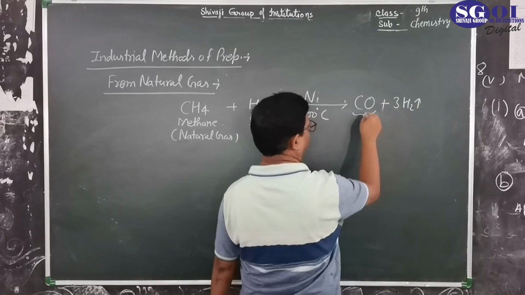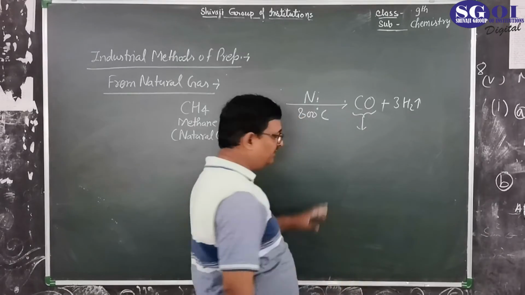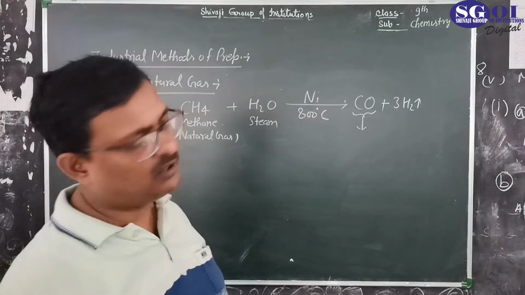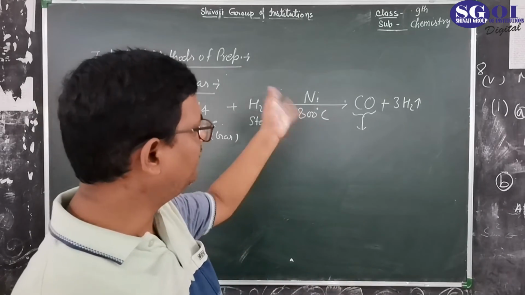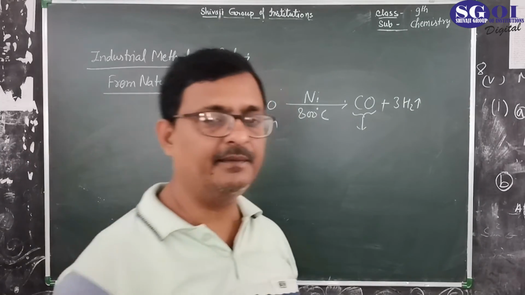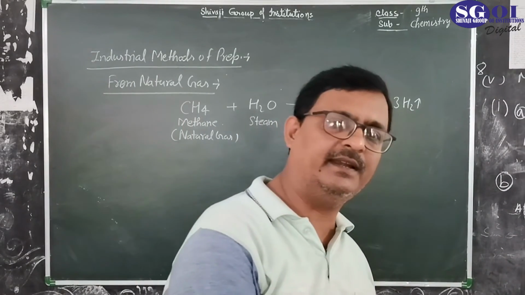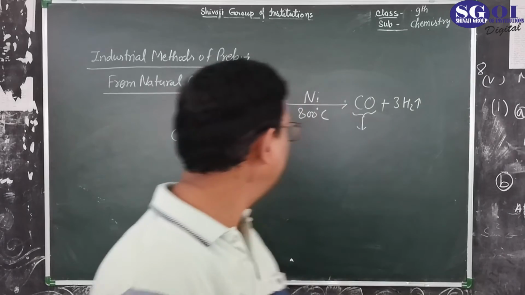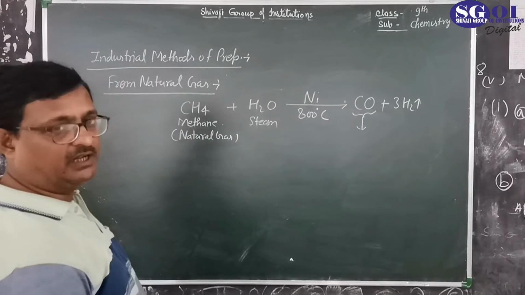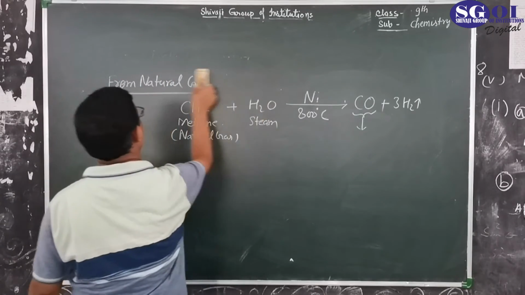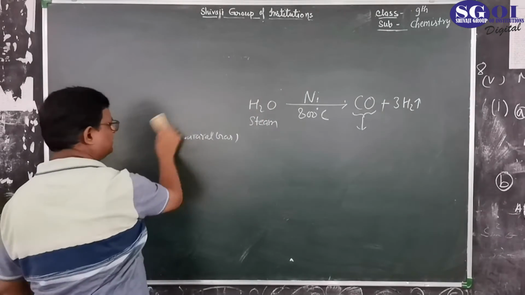Similarly, carbon monoxide is removed as previously in the Bosch process, so you prepare hydrogen gas. So there are two industrial processes: one is the Bosch process and another is the natural gas process.